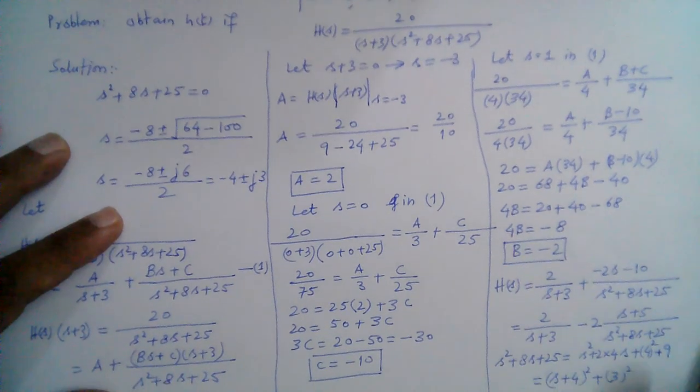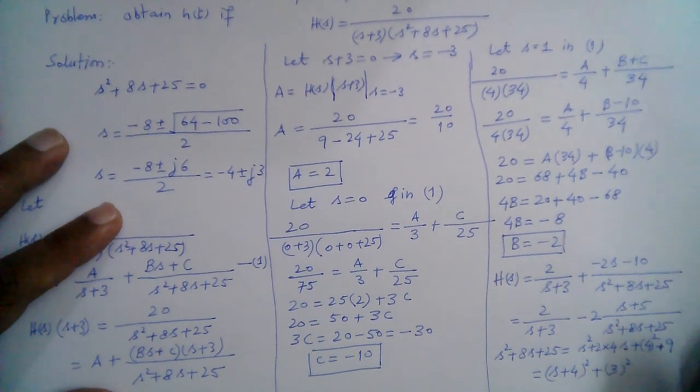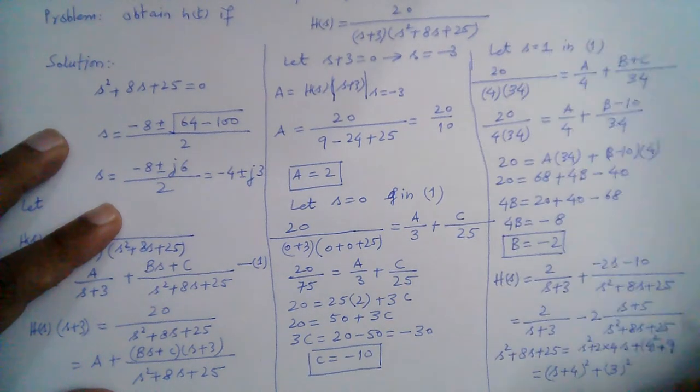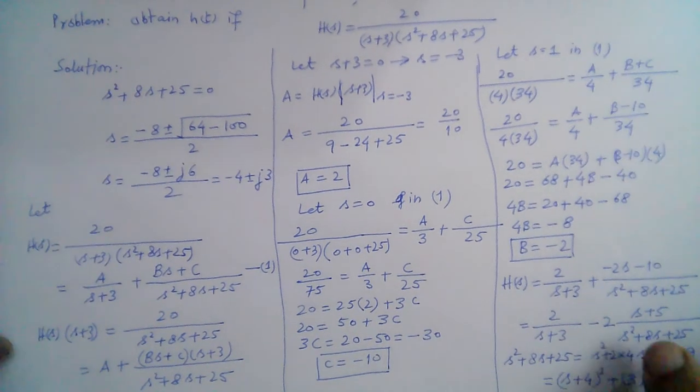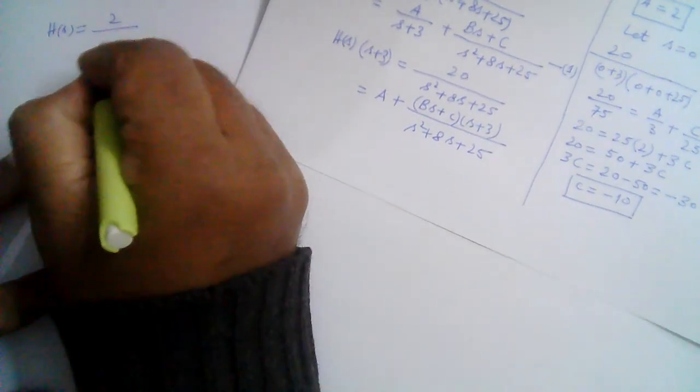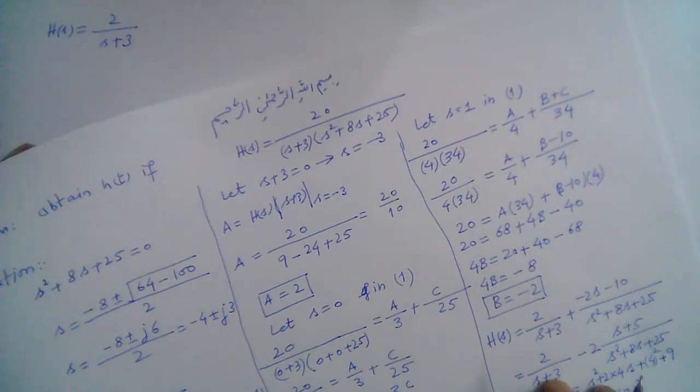So let's rewrite this term using this one now. So H of s is equal to 2 over s plus 3 here, right?